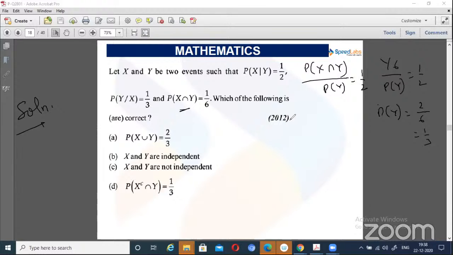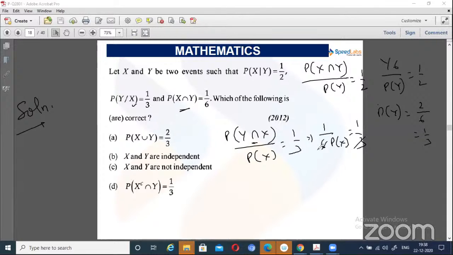Similarly, P of y intersection x by P of x is 1/3, and this is equal to 1/6. So 1/6 by P of x is 1/3, so P of x is half. So P of x is half, P of y is 1/3, and P of x intersection y is 1/6. So P of x into P of y, half into 1/3, is 1/6.